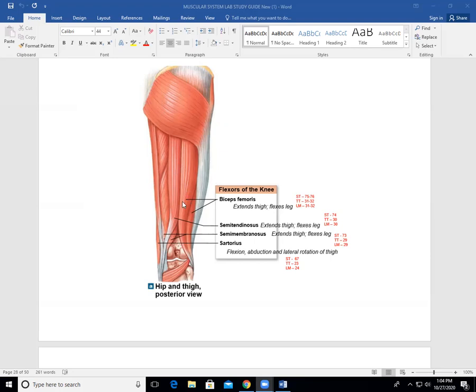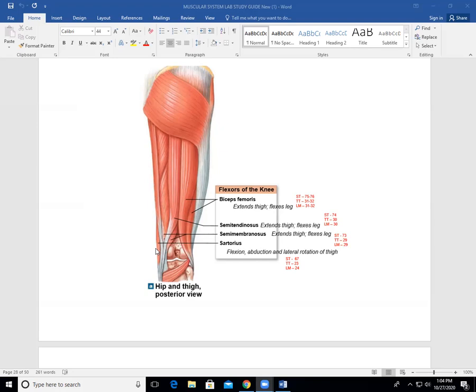Biceps, who has two heads, all right? So here and here. Now this is your semitendinosus. Also extends the thigh and flexes the leg. Okay, right here it's kind of diagonal. Just a little deep to the semitendinosus is the semimembranosus. Also extends the thigh and flexes the leg.